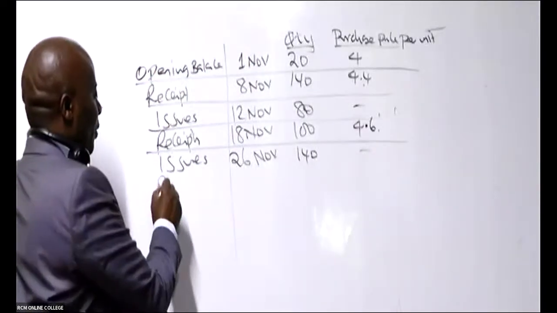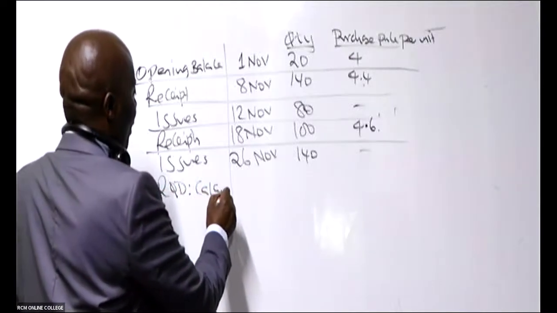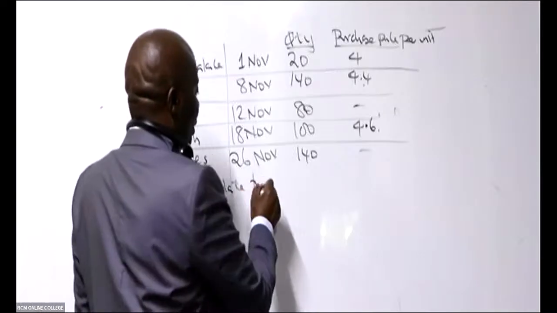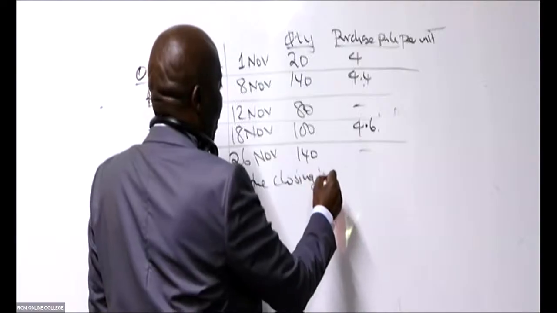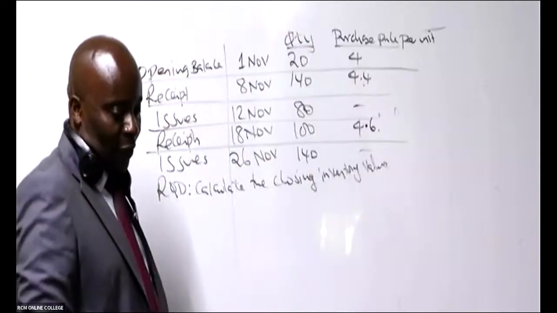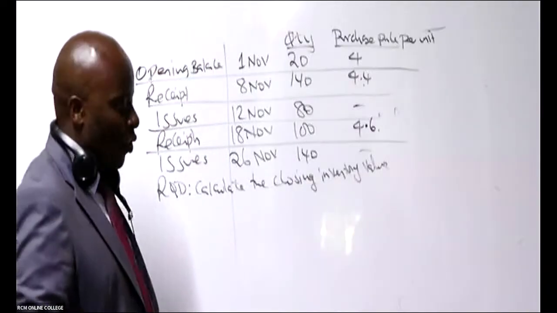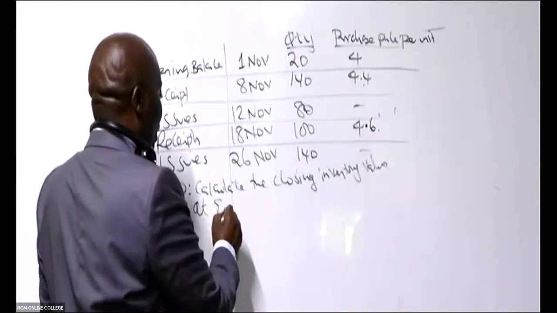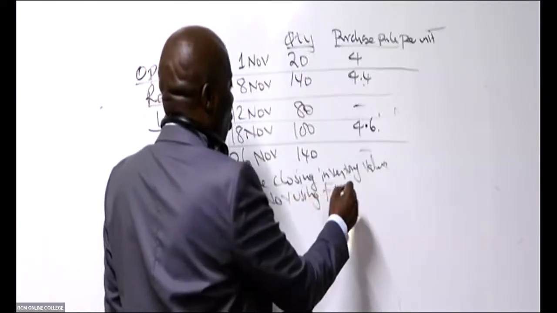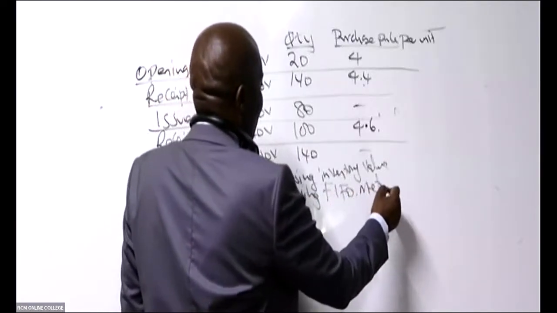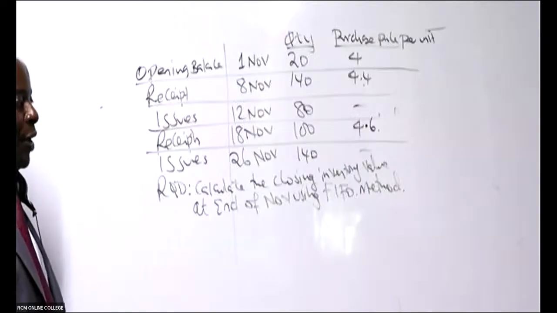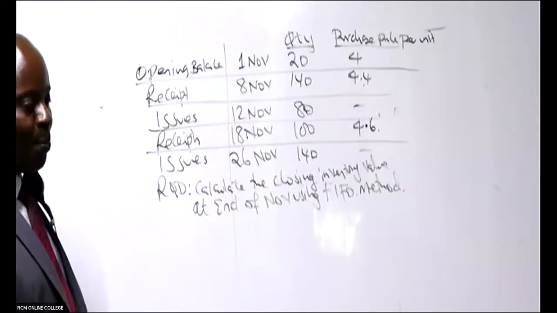We are required to calculate the closing inventory value at the end of November using the FIFO method.